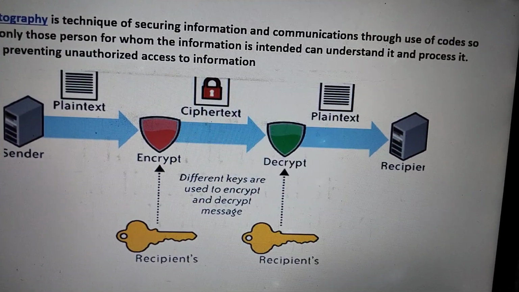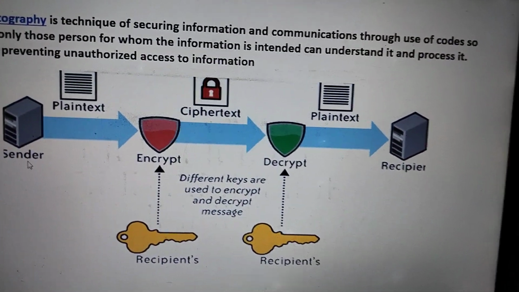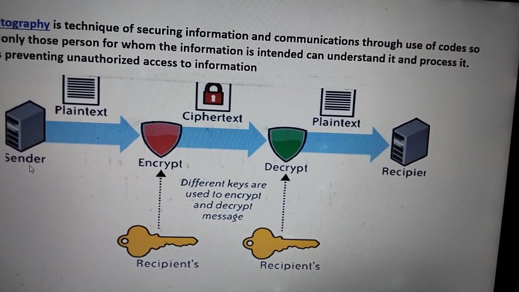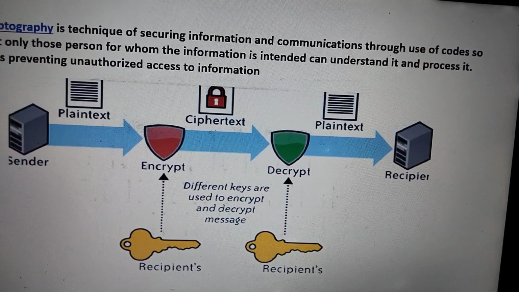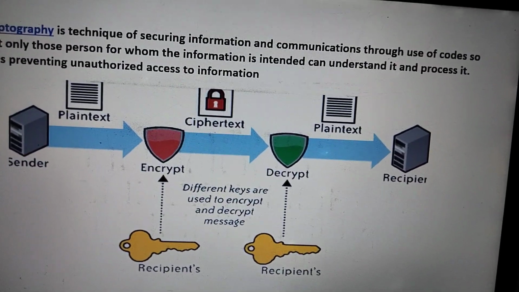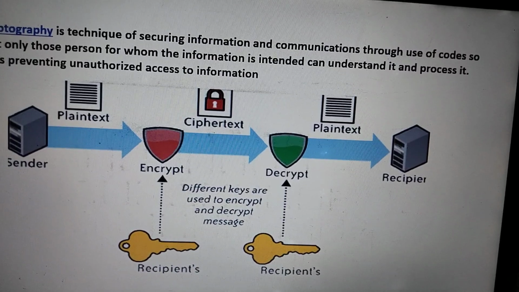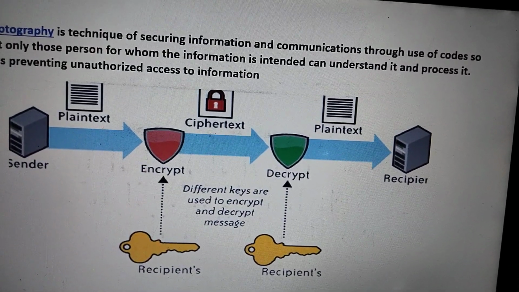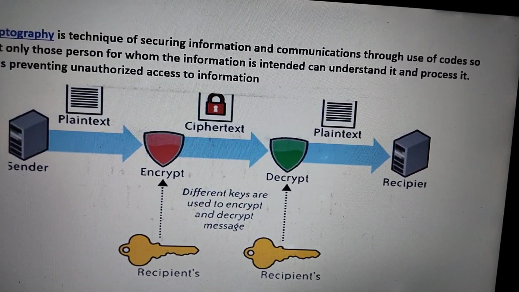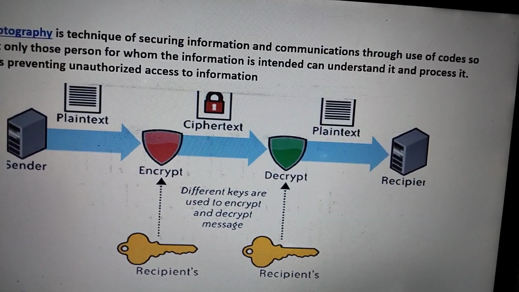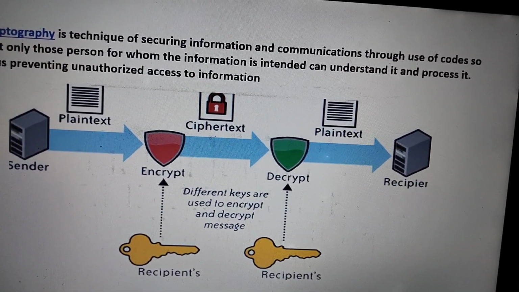Only authorized persons can understand it. With the help of keys they can decrypt it and get back the original message. Unauthorized people can't understand or read the information. So ciphertext is simply an unreadable format.